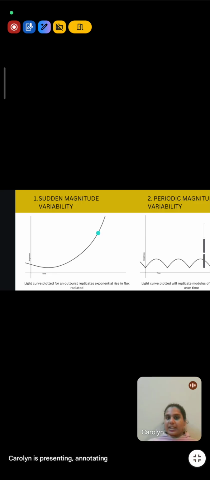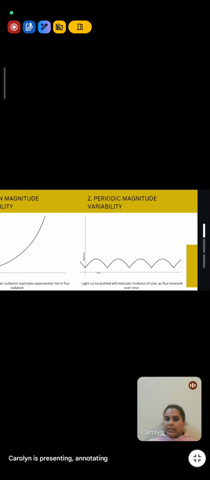So your flux increase is simply finding the difference, right? That's how you find your flux. And these fluxes can rise exponentially to a very high number when there is a huge change in temperature as well as an accretion rate that is visibly evident, right? So that is when you have a sudden magnitude variability light curve.